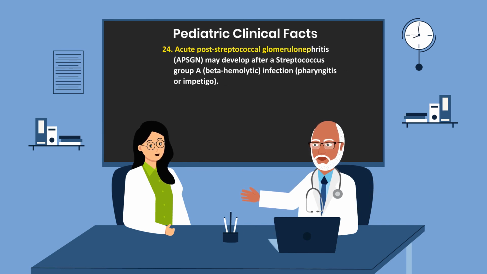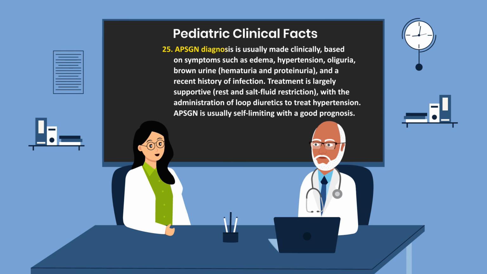Acute post-streptococcal glomerulonephritis may develop after a streptococcus group A beta hemolytic infection, such as pharyngitis or impetigo. Diagnosis is usually made clinically based on symptoms such as edema, hypertension, oliguria, brown urine, which would include hematuria and proteinuria, and a recent history of infection.